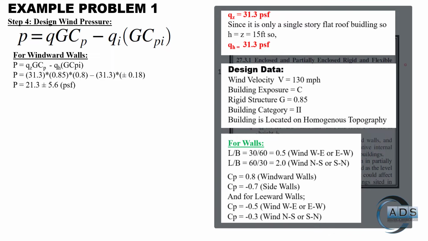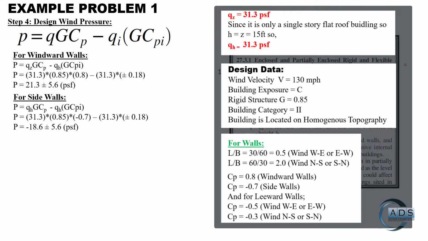Remember, windward Cp is 0.8, minus qh, which is also qz, and GCpi is plus or minus 0.18. So the expression becomes this, where the external wind pressure is 21.3 and the internal wind pressure is plus or minus 5.6, because we have already discussed that internal wind pressure may be plus or minus.